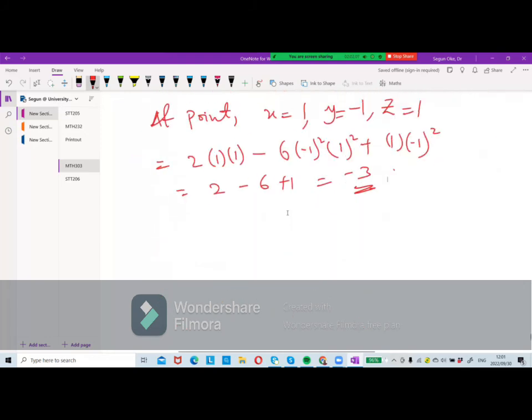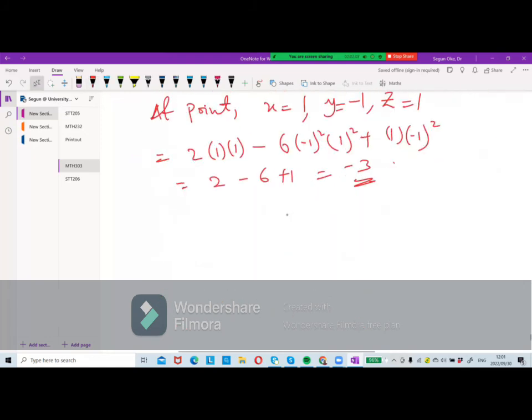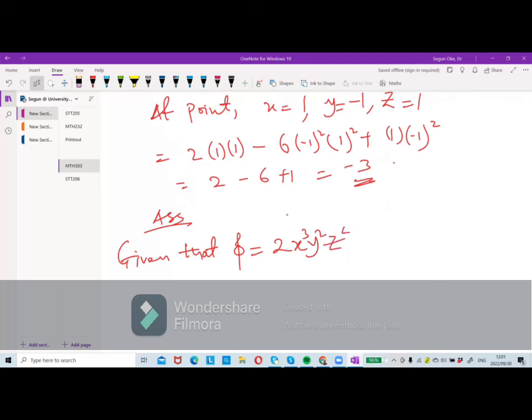There's one I want you to go and solve by yourself. I will just explain. Assignment. Given that phi equals 2x cubed y squared z raised to the power 4, find A, the del phi.